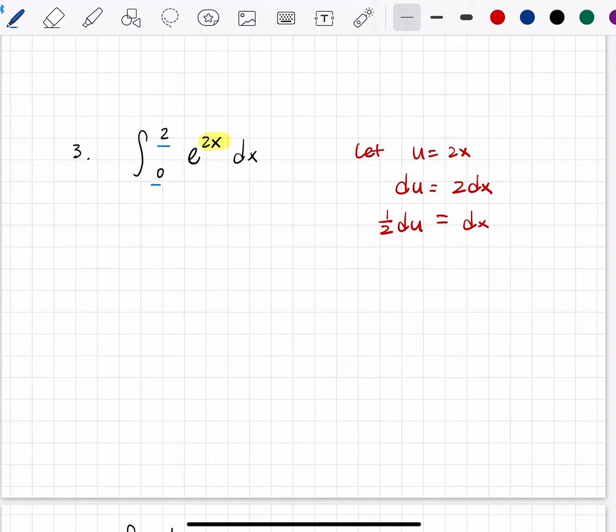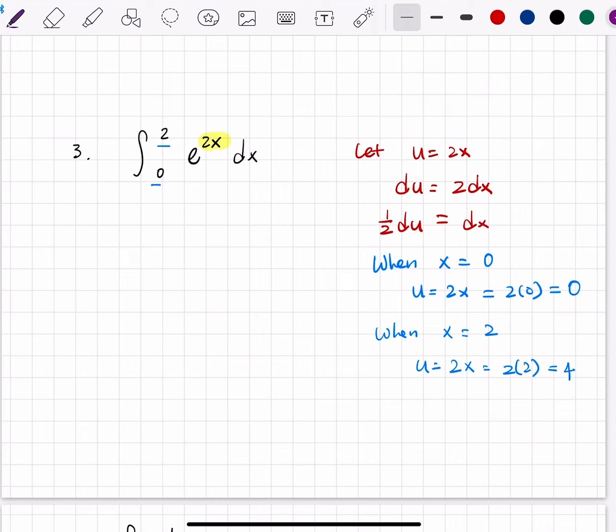Now we still have the limits 0 and 2. When x equals 0, u, which is 2x, equals 2 times 0, which is 0 still. When x equals 2, u becomes 2 times 2, which is 4.